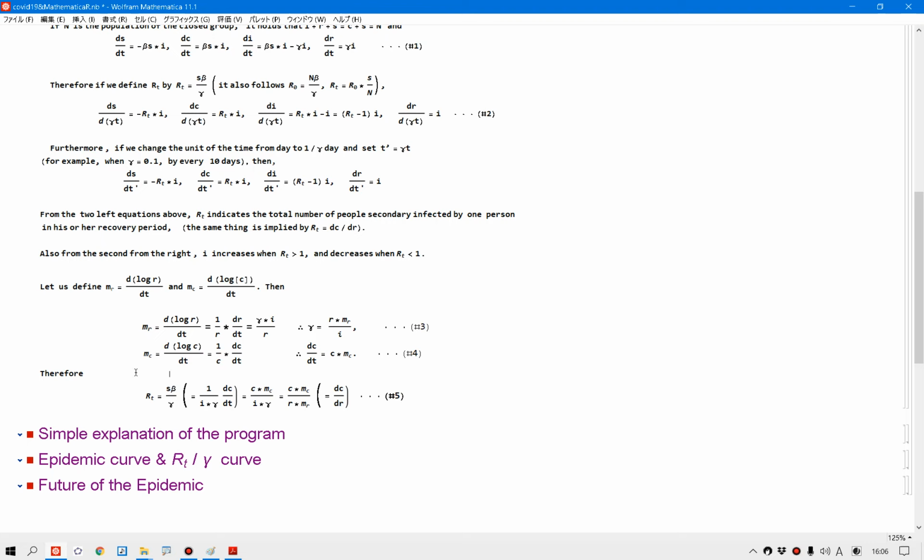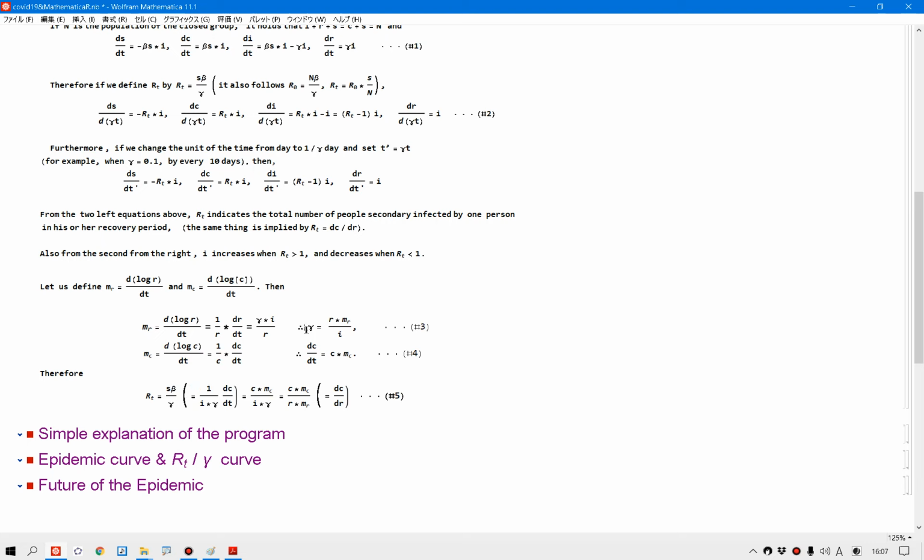And Rt equals, by definition, S beta over gamma. And we use this equation. So Rt equals dC/dt divided by I gamma. So Rt equals 1 over I gamma times dC/dt.